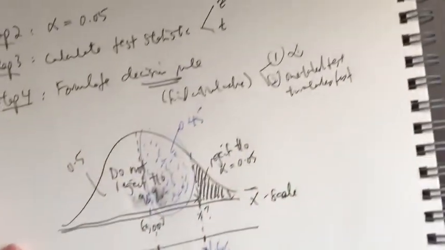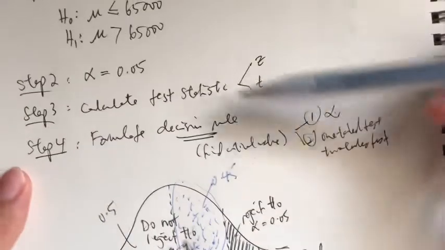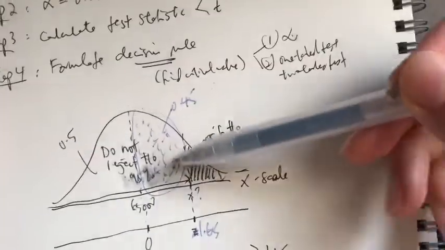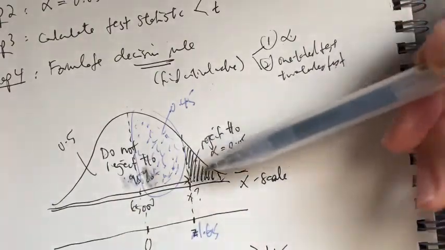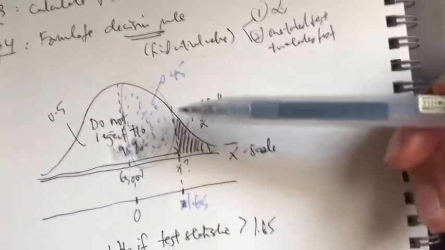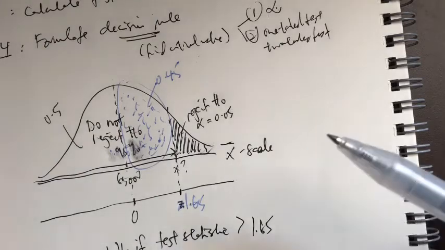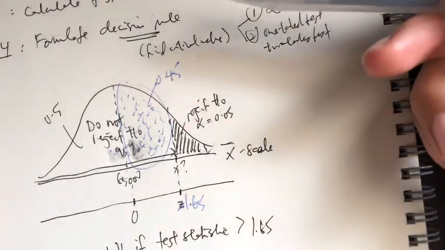What we need to do, guys, is compare our test statistic and see whether it falls in the acceptance area or the rejection area. As we mentioned just now, we know our critical value is 1.65. So we just compare. Where does our test statistic fall?